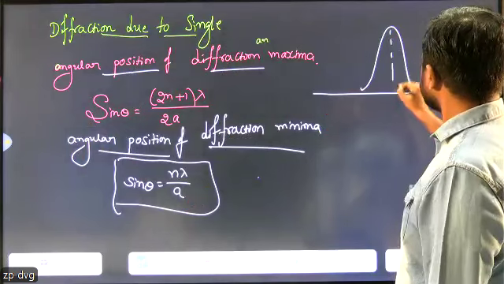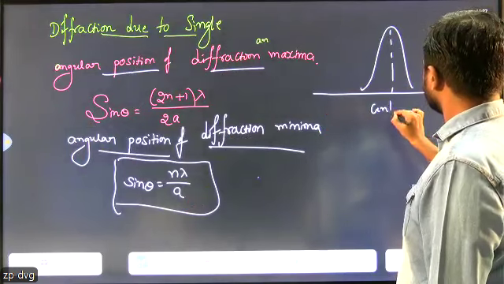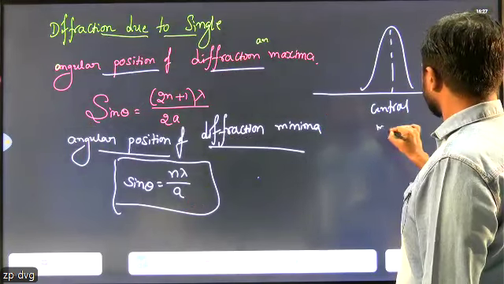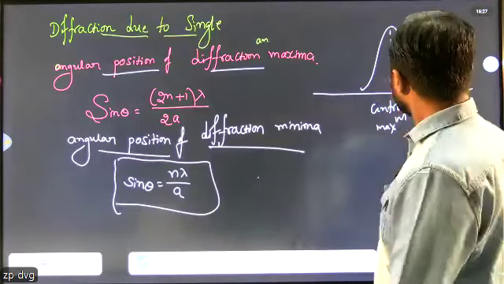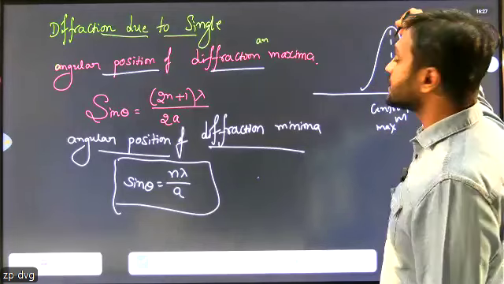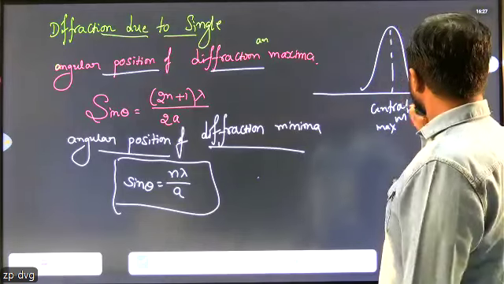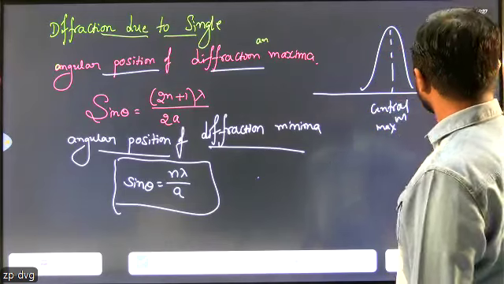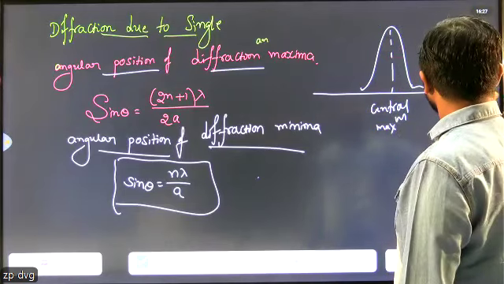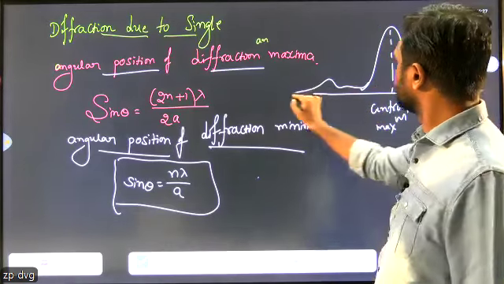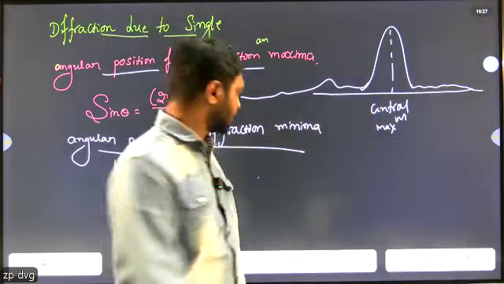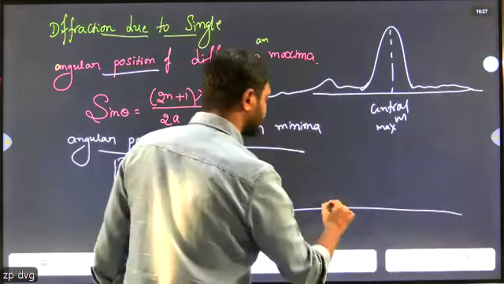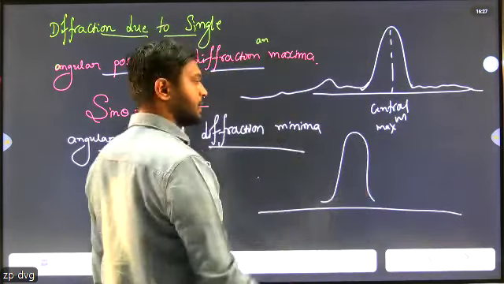At the central maximum the intensity is maximum. As we move from the central maximum to infinity, the intensity goes on decreasing.